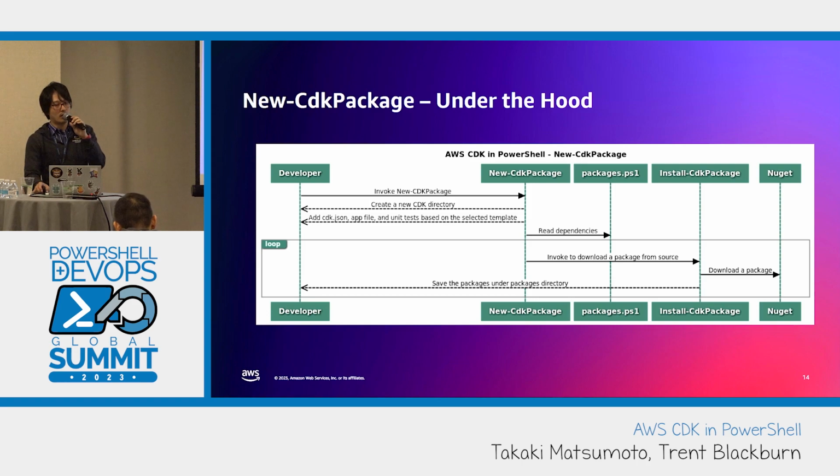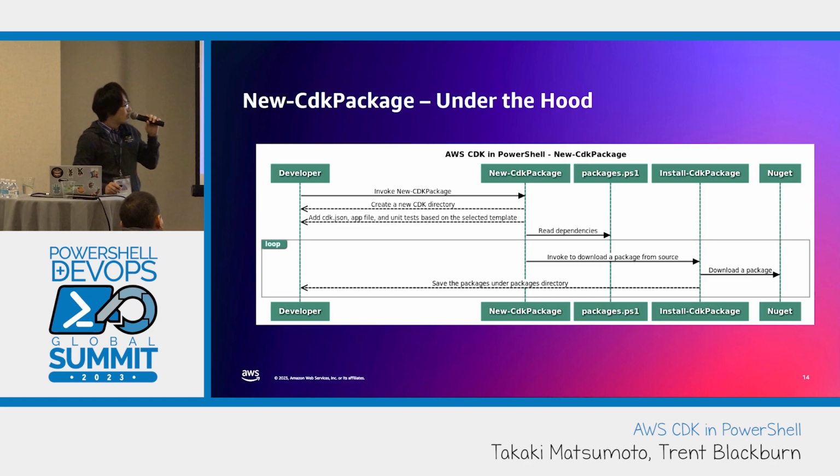Based on the dependencies defined there, it starts downloading those files using NuGet. That's the package source we use, and it's also where the AWS CDK packages are stored. Once that's done, it saves those packages under the packages directory for the CDK app, and that's how you get started.